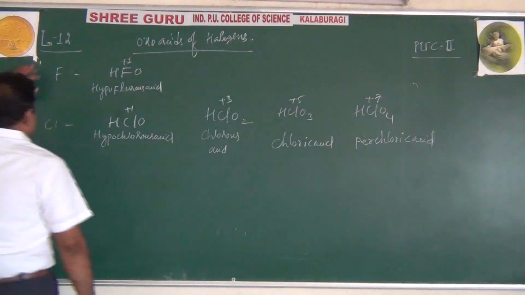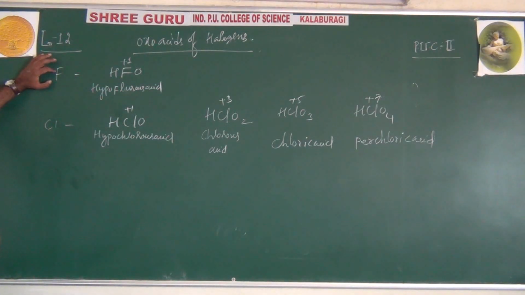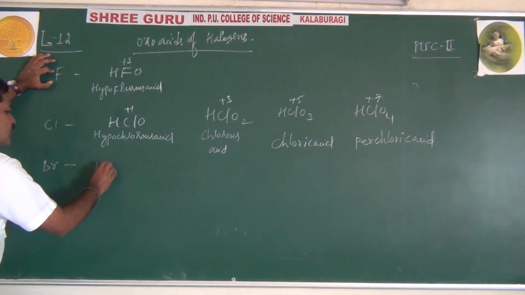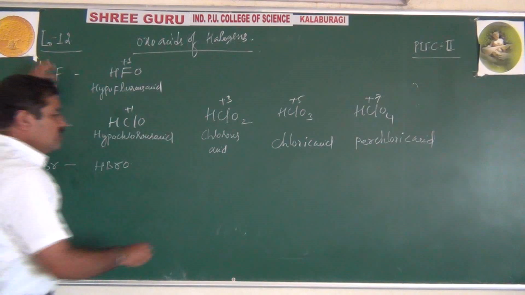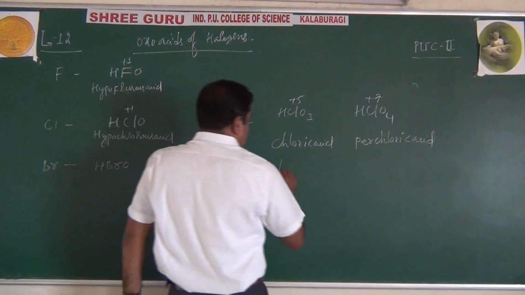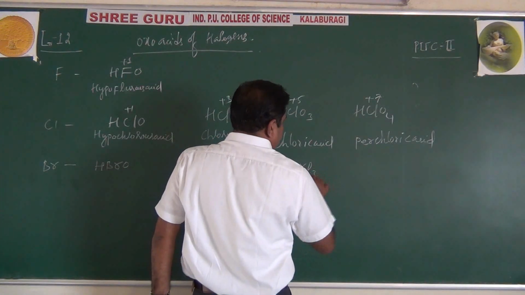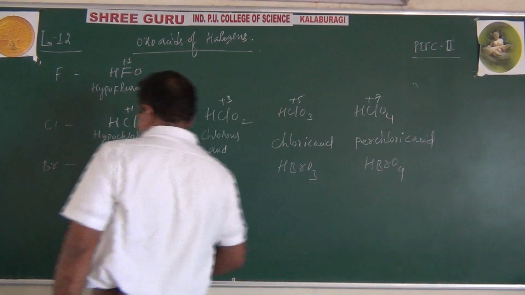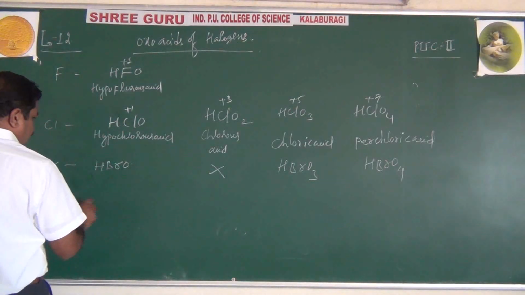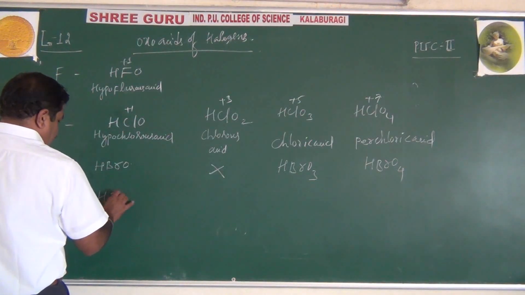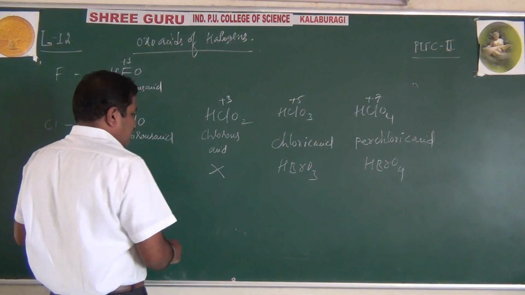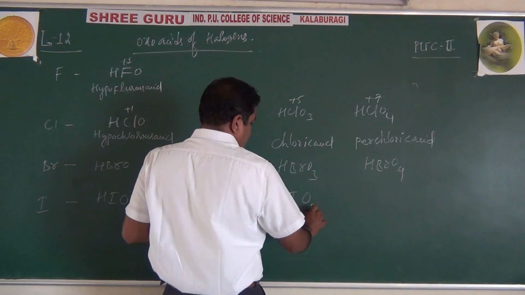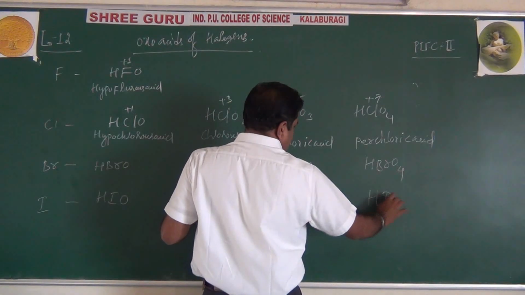We form only one due to low bond dissociation energy and absence of d orbitals. Like this bromine, hypobromous acid. It will not form this one, but it will form HBrO3, bromic acid. Like this iodine also. Hypoiodous acid, and it will form HIO3, iodic acid, and periodic acid, HIO4.